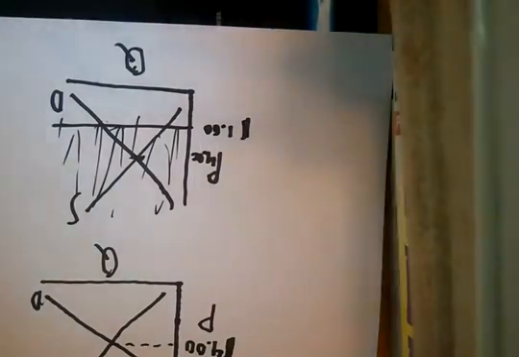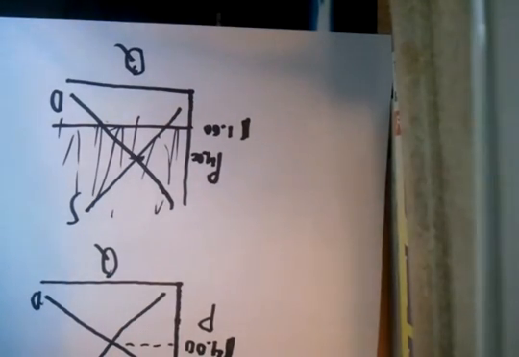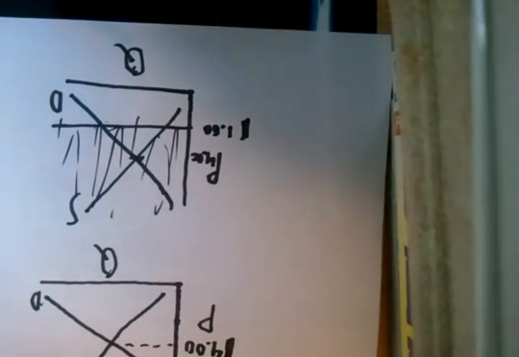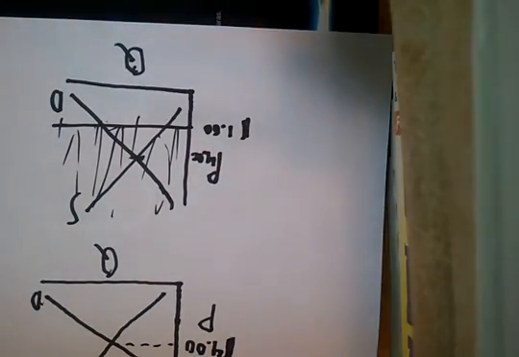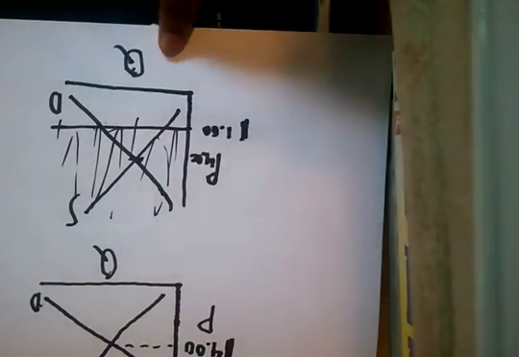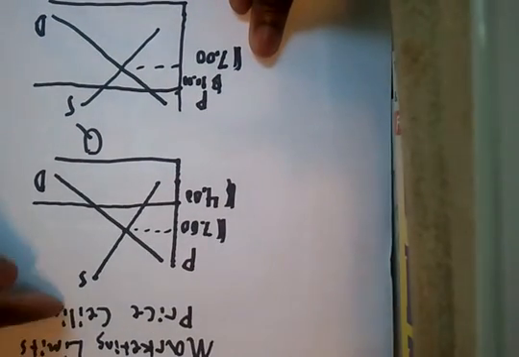So let me flash back to the other graph, because I want to make sure you guys understand this. Have them side by side. Okay, this is the complete opposite of this, which is price ceiling.